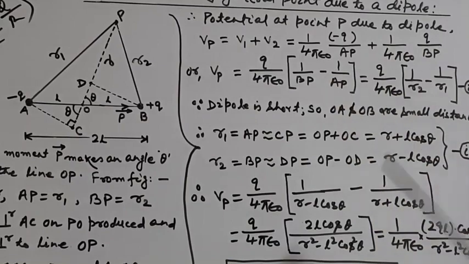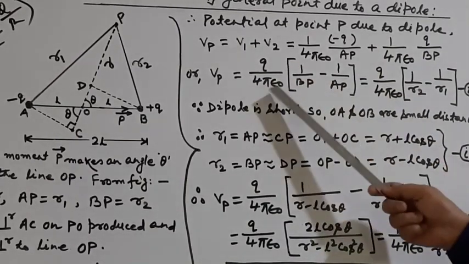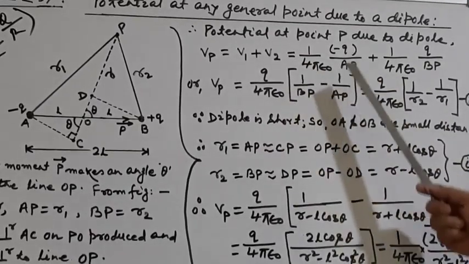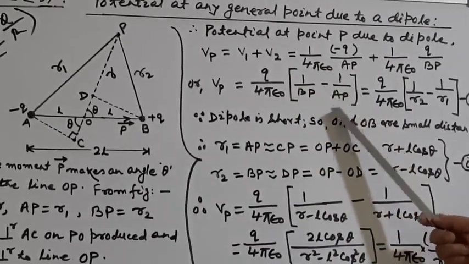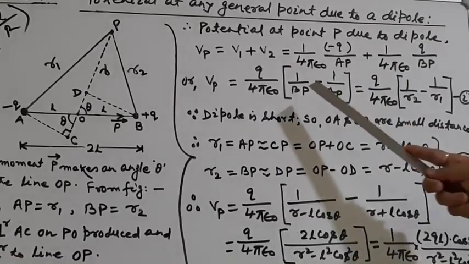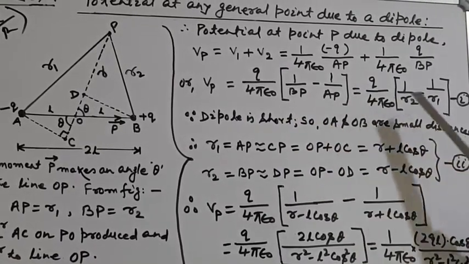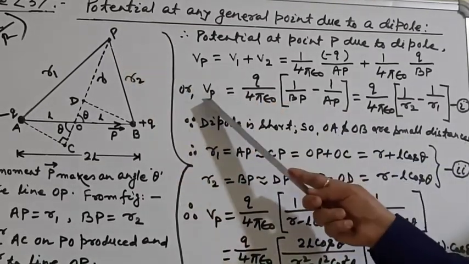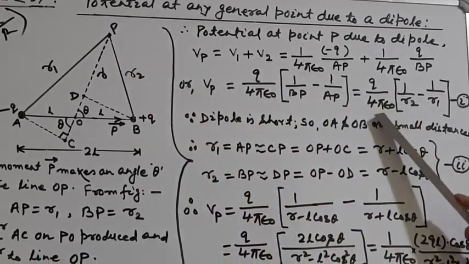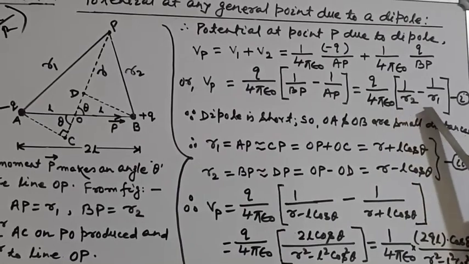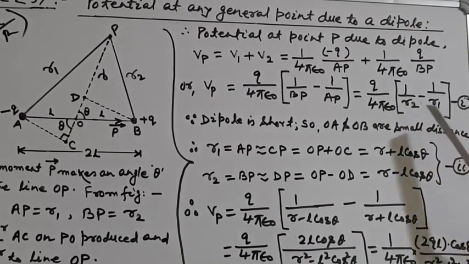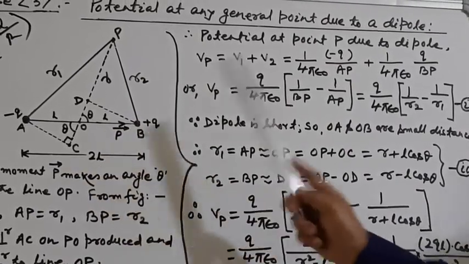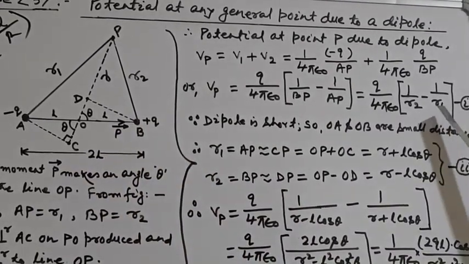Now put the values of AP and BP. Take Q by 4 pi epsilon naught common. So 1 by BP, and this minus comes to this side, minus 1 by AP. BP is r2 and AP is r1. So the potential at point P, Vp, becomes Q by 4 pi epsilon naught times (1 by r2 minus 1 by r1).